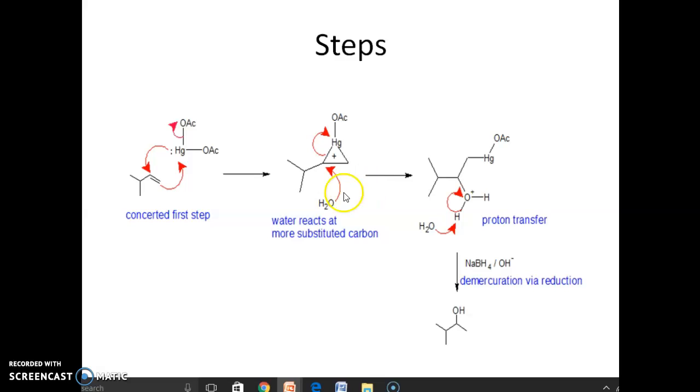While adding water, the OH group attaches to the more substituted carbon and hydrogen to the less substituted carbon. The demercuration then follows using the reducing agent sodium borohydride.